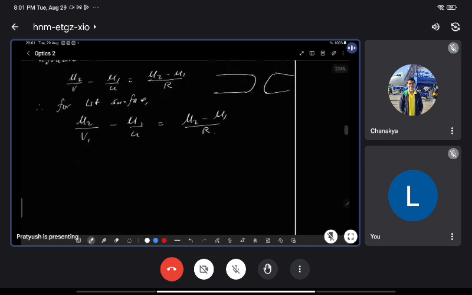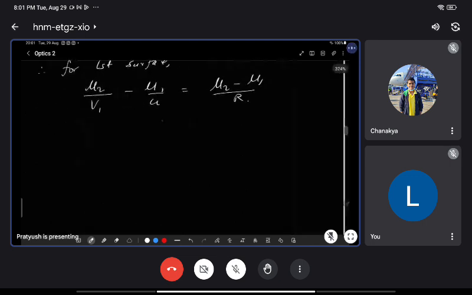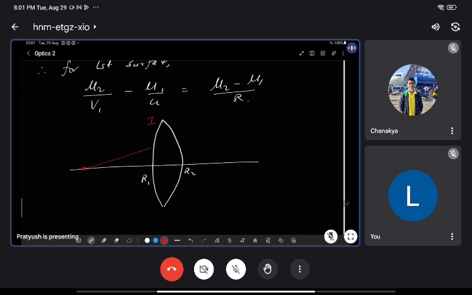How is this image forming? See the ray diagram. This is the lens, R1 and this is R2. First we are seeing only this first surface. So the ray of light is coming from this point. Ray of light is going like that, and this is our center of curvature. This we have taken as C1, which is for the first surface.